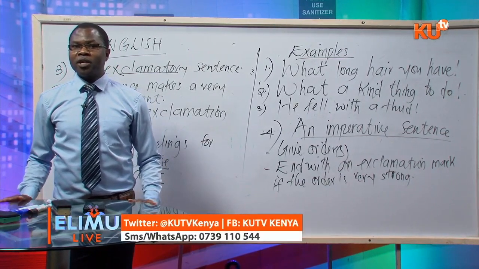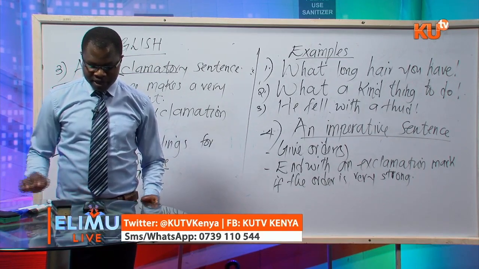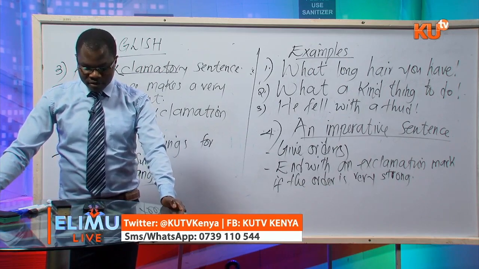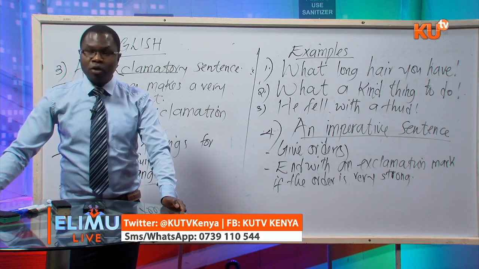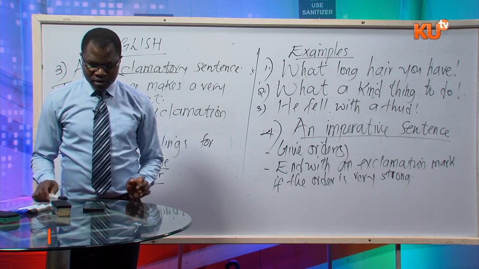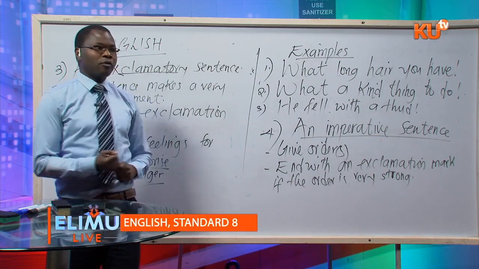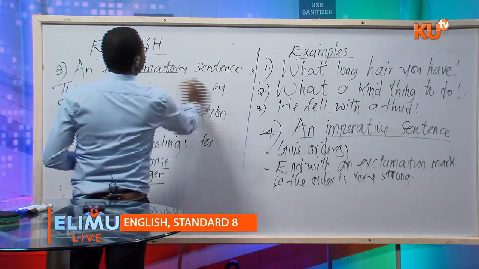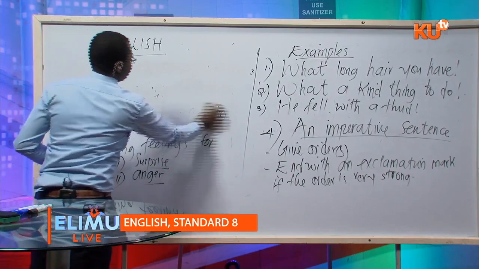Then the last one is an imperative sentence, and we have said that for this sentence, they are used to give orders, and I'm going to give examples. For example, tell Teddy to come and mop the floor. That is an example of an imperative sentence. It is an order.